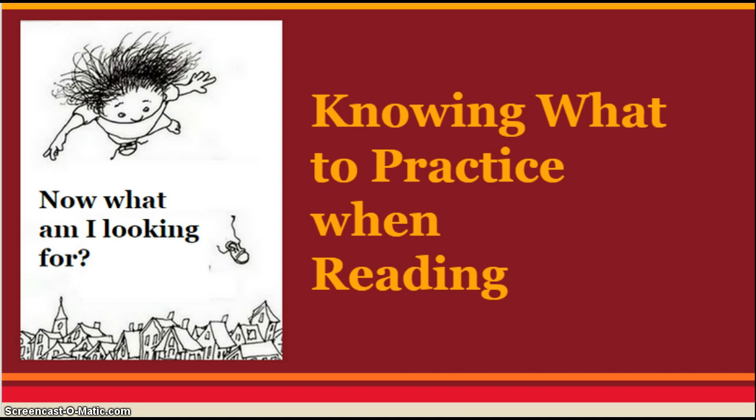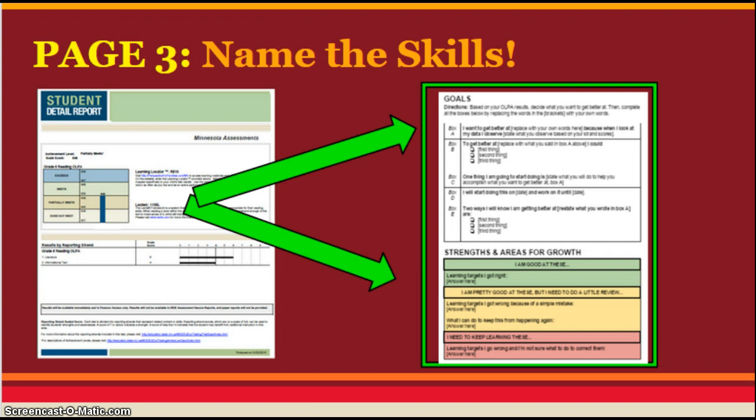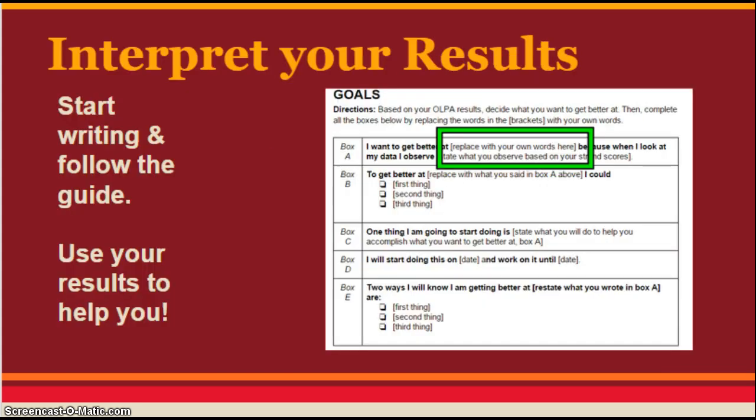Now, let's really get down to knowing what to practice when we're reading from now on. We're going to start naming the skills that we need to practice in order to improve and reach our grade level expectation in reading. You will begin in box A. Notice that you will start writing and use the following guide.